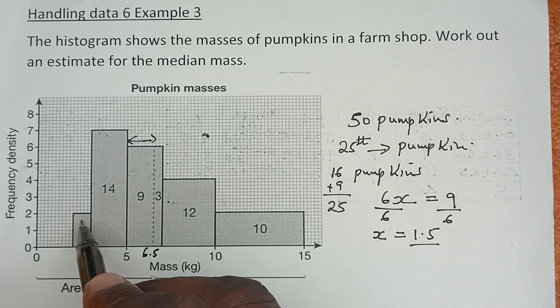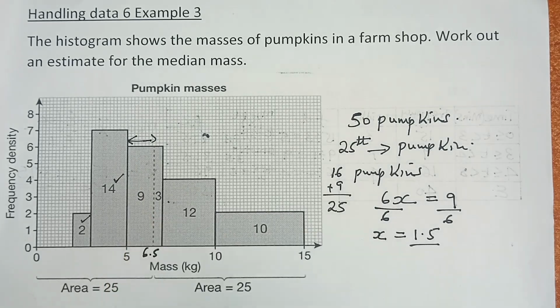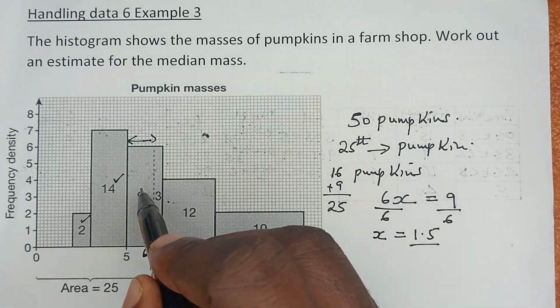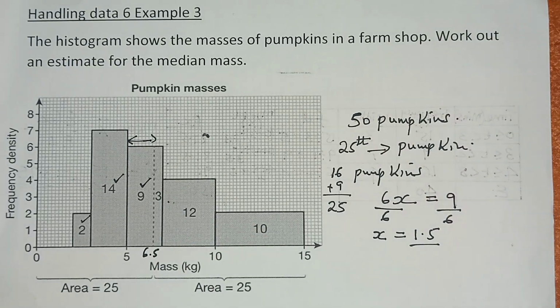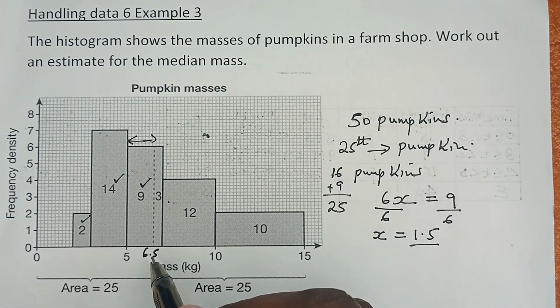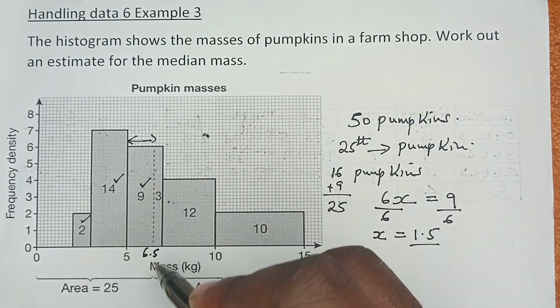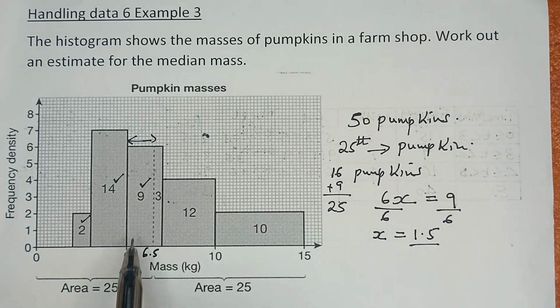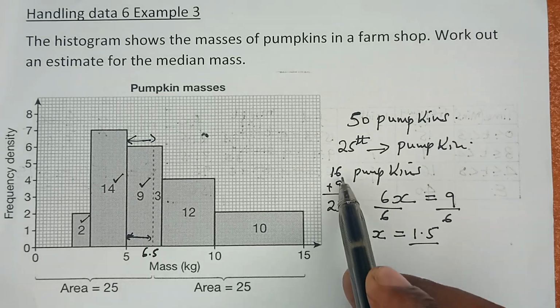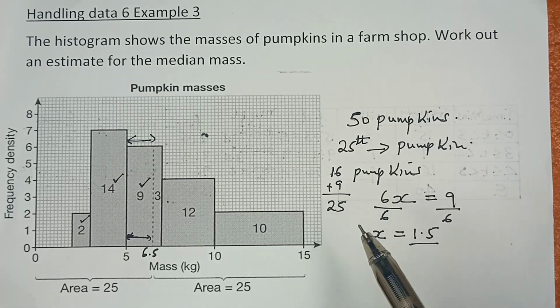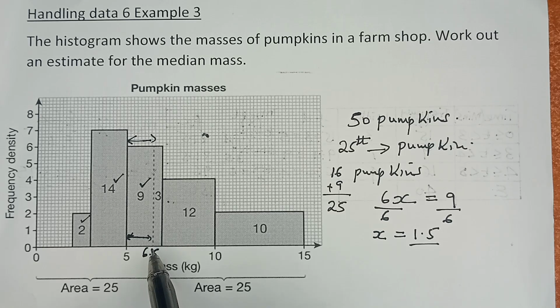Because these are 2 pumpkins plus 14 giving us 16, plus 9 giving us 25. These 9 are arrived at when the mass is 6.5, because the area of this bar is 6 times 1.5, which gives us 9. When we add 9 to 16, we get 25 pumpkins.